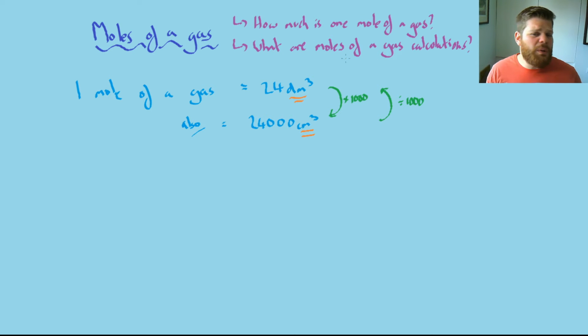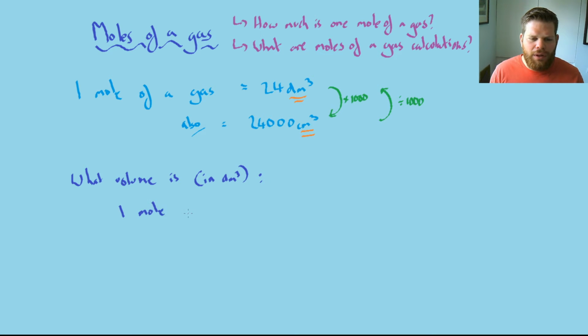How could they ask you a question to do with moles of a gas? Well, let's have a little look at an example. It could simply be, what volume is, and then it might have in decimeters cubed, and then you could get a question that says 1 mole of hydrogen.